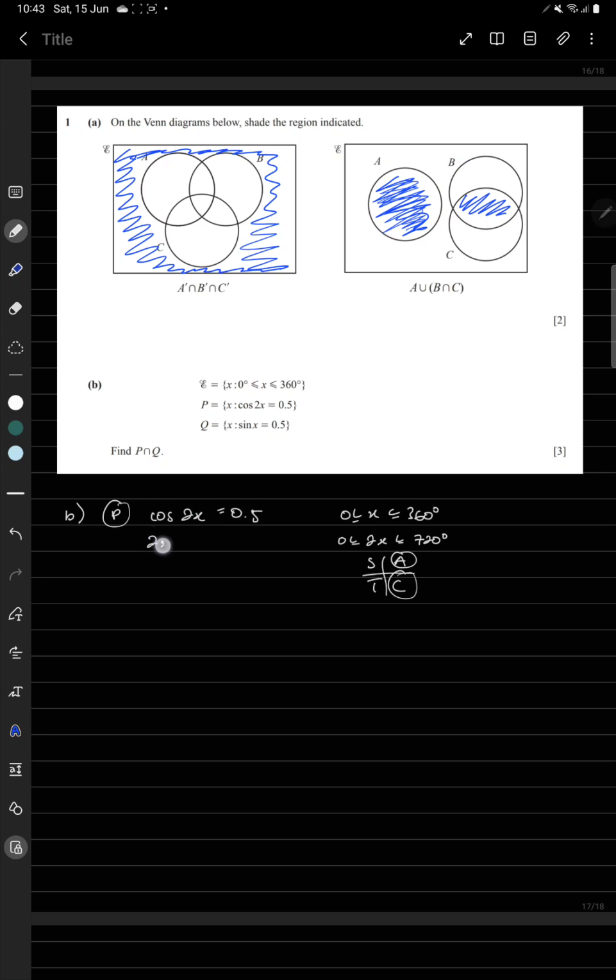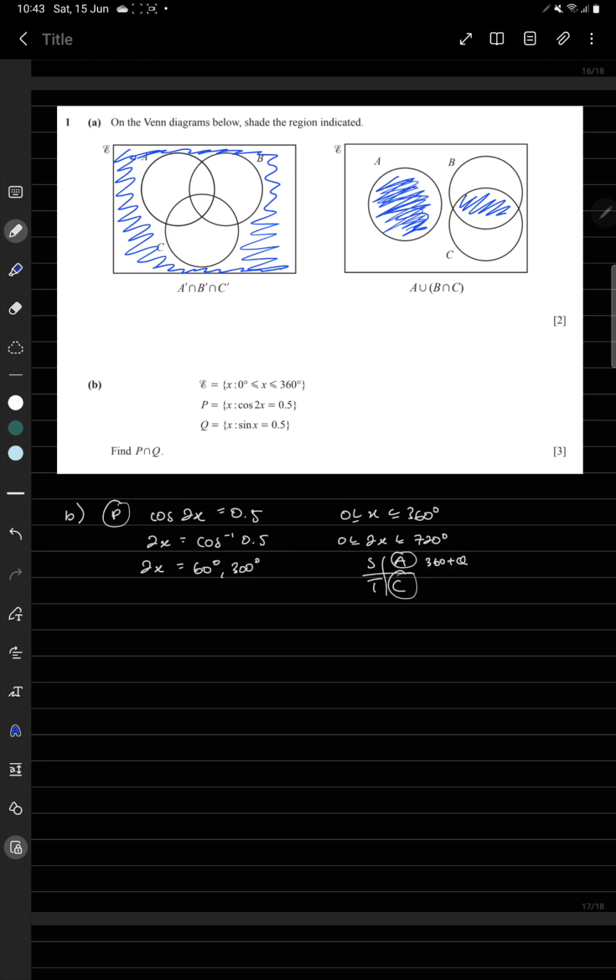Now, we can move the cos to the other side, inverse cos 0.5, and now we can find the theta. Our theta is going to be 60 degrees. That's going to be in the A quadrant. Now, in order to find the C quadrant, it's going to be 360 minus theta, which is 300. Now, once we are moving on to the second cycle of this quadrant, when we go back to A, what happens in A is we're going to have 360 plus theta.